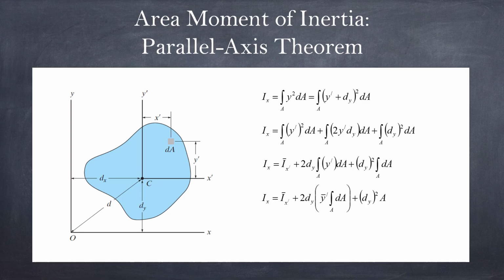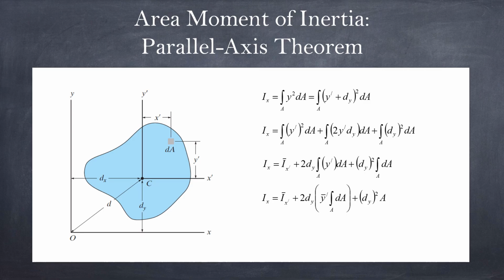So that's done. The middle term, integration of y dA, if you find that a little familiar, you should, because that is the equation we used to find the centroid, right? So integration of y dA is equal to y bar integration of dA. In this case, it's y prime, so it's y bar prime. Now the trick is here, right?